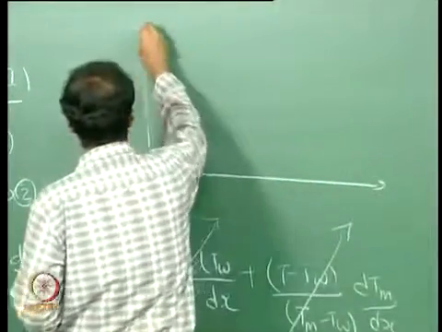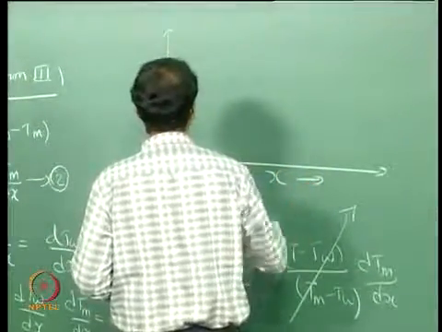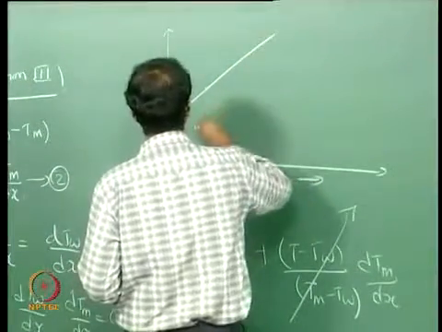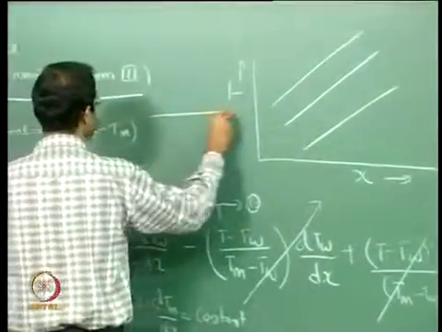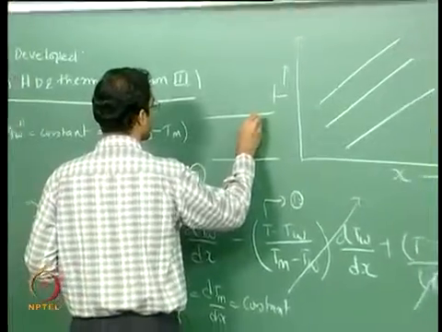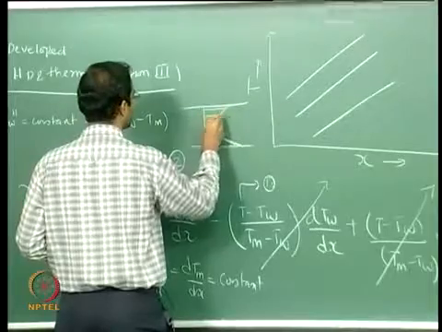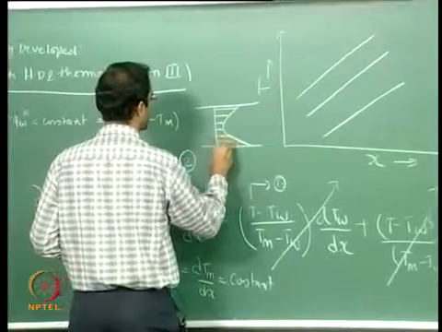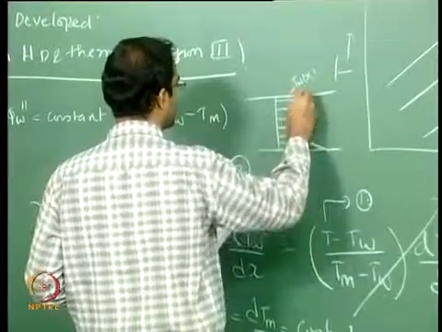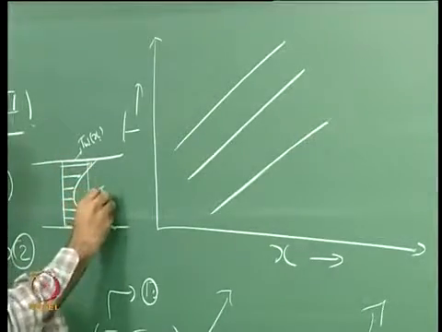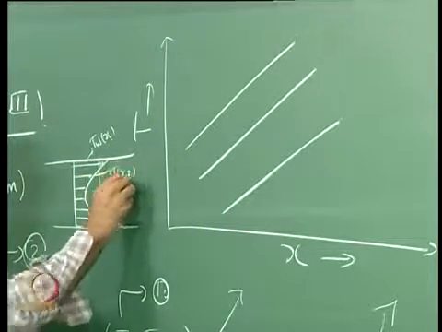Therefore if you plot the variation of temperature axially, you can visualize a temperature profile where you have T wall of x here, you can calculate Tm of x, and of course this is your T of x comma r.